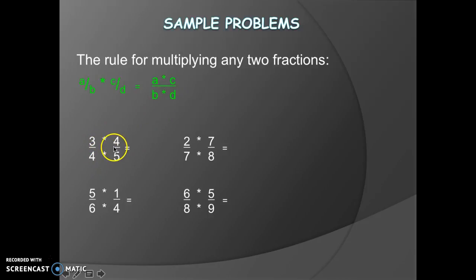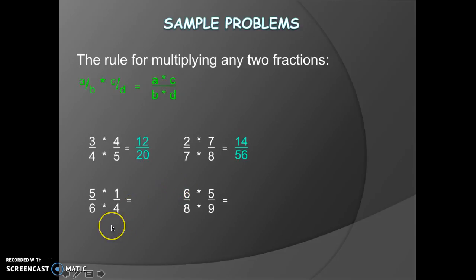So let's look at these. 3/4 times 4/5. If we multiply the numerators, we get 12. Multiply the denominators, we get, you guessed it, 20. Over here, multiply the numerators, multiply the denominators.